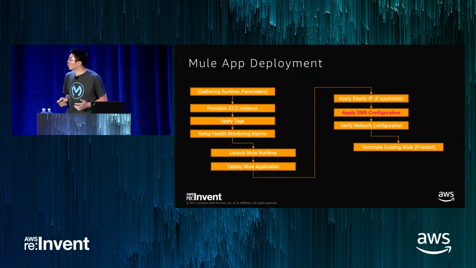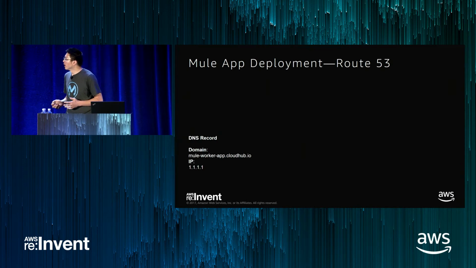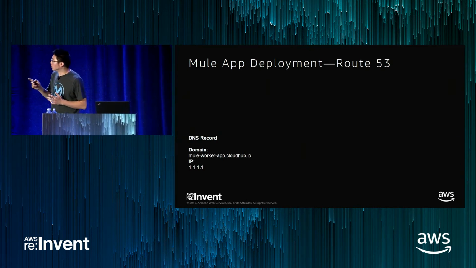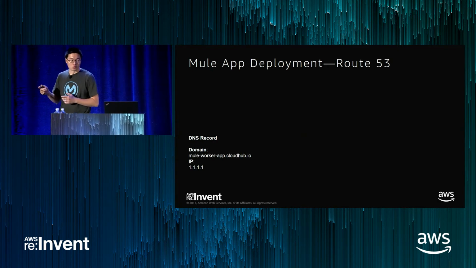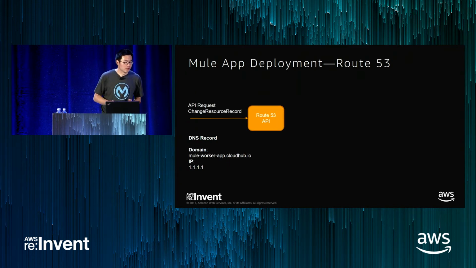So what exactly do we do in the DNS configuration step? We have a DNS record. The domain name mule-worker-app.cloudhub.io is mapped to some IP address. We make a change resource record request to the Route 53 API.